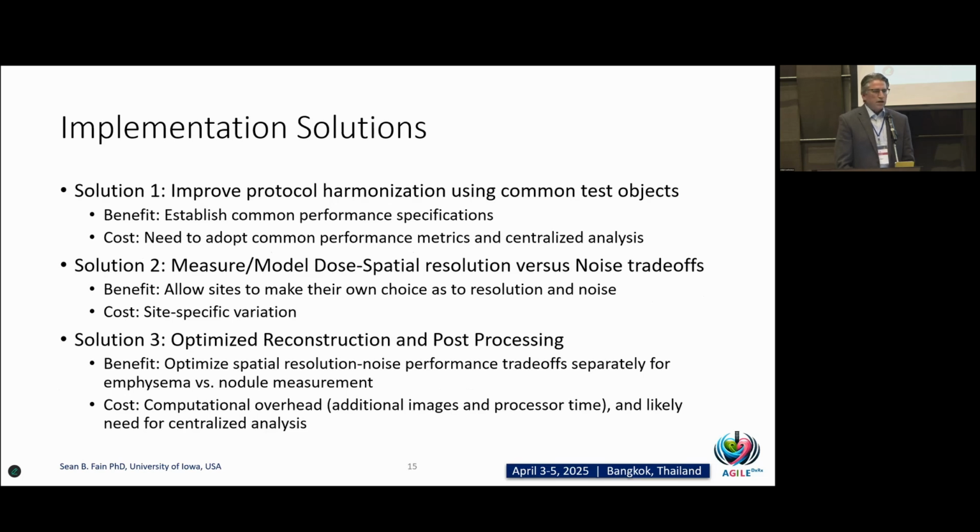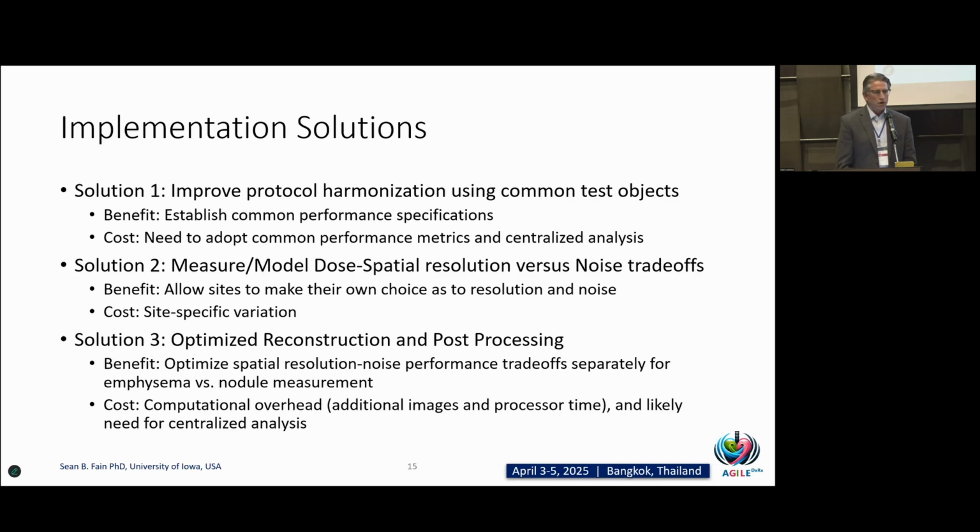So one, I think that's maybe a no-brainer, is to improve protocol harmonization using common test objects. One benefit of this is to establish common performance specifications across sites. The cost of this is you need to adopt these metrics, and you need to convince people to adopt them, and centralized analysis may be necessary. Solution 2 would be to measure or model dose, spatial resolution versus noise trade-off relationships and allow sites to make their own choices as to what that trade-off could be.